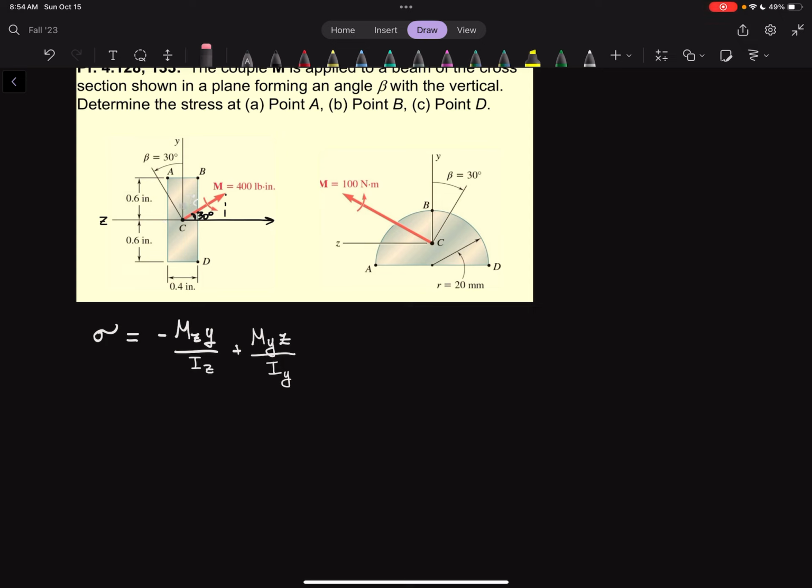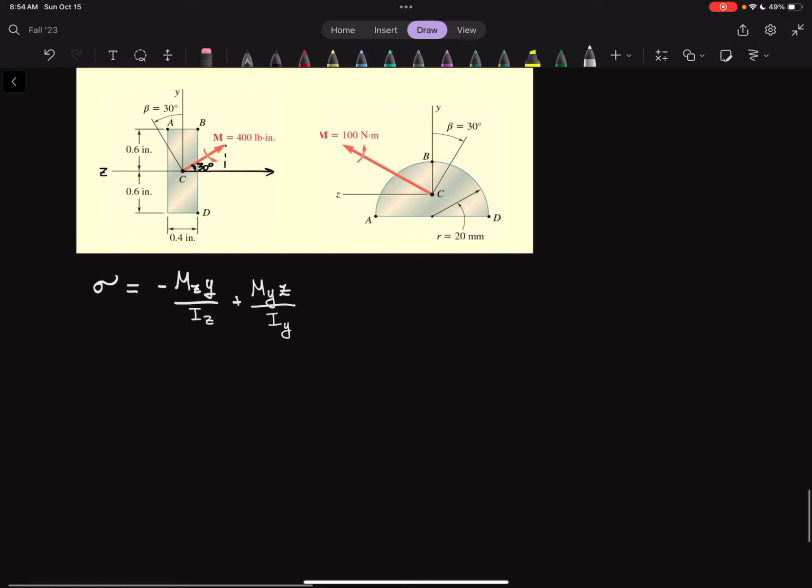So you don't need that negative here. Here, on the other hand, you do need it, because with the right-hand rule moment in this direction, as you go up, you're going to be compressed, and as you go down, you're going to be in tension.